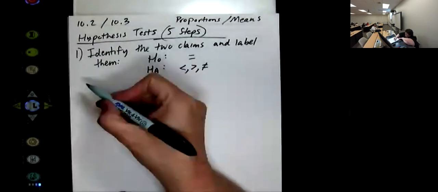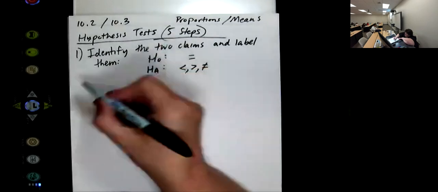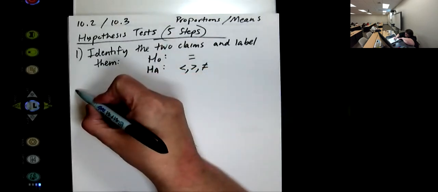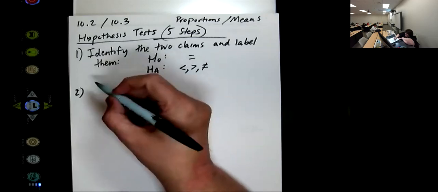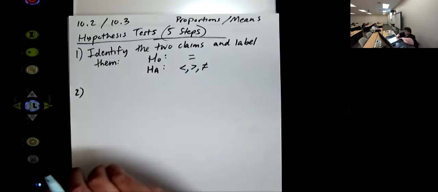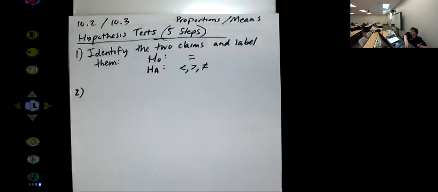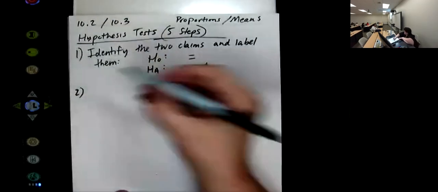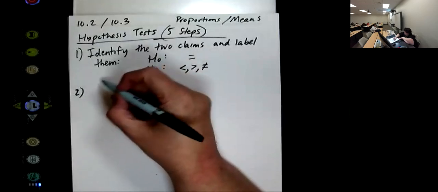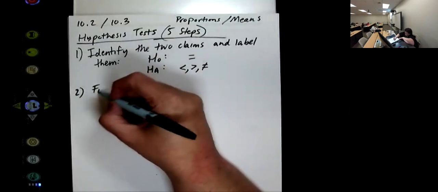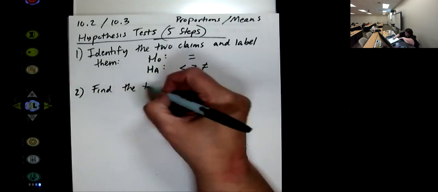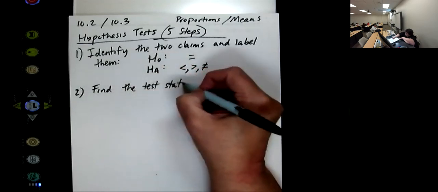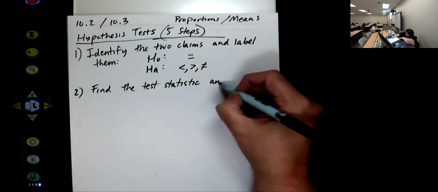Step 2 and 3, the order really doesn't matter at this point. You need to do them both. Does anyone have their page up? What's step 2 say for you guys? Yeah, that's what I have on my notes too. Okay, good. So find the test statistic and the p-value.